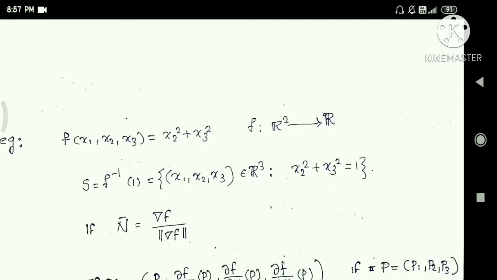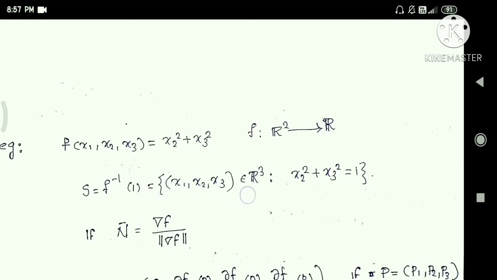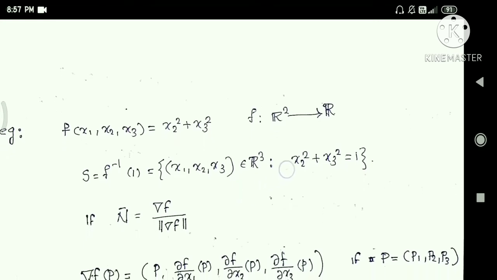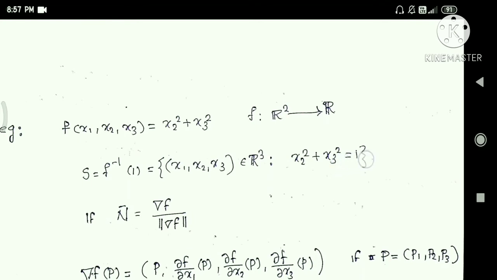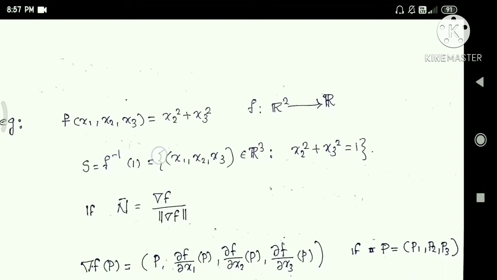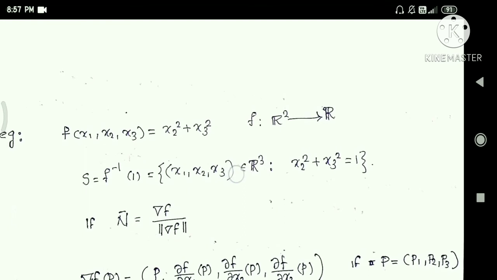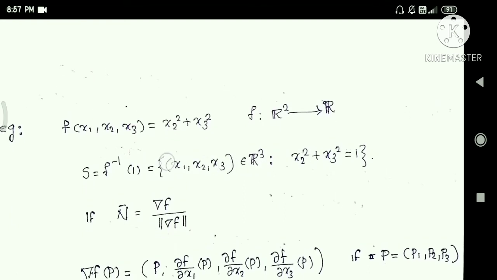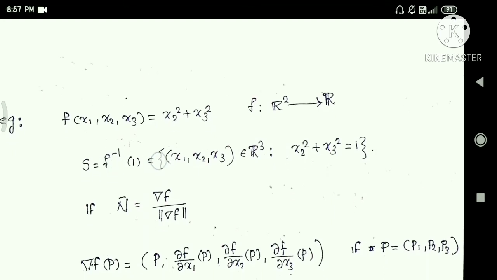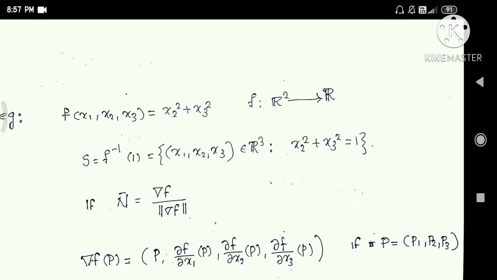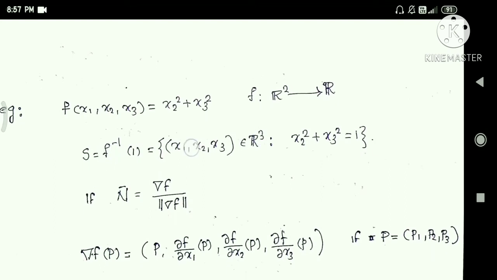And consider the level set S = f^(-1)(1), which is equal to the set of all (x1, x2, x3) belonging to R^3 such that x2^2 + x3^2 = 1. Here f is a smooth function, and grad f(p) is not equal to 0 for each p belongs to this level set. Hence, S is a 2-surface in R^3 and it is orientable also.